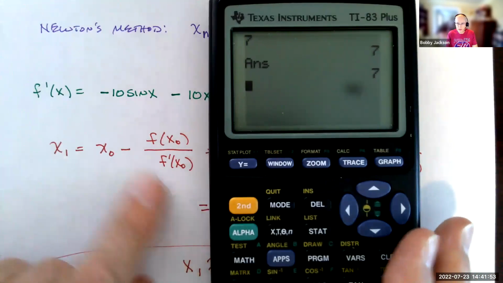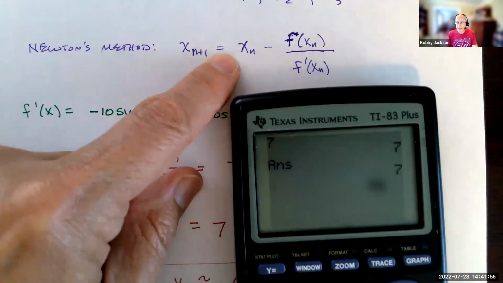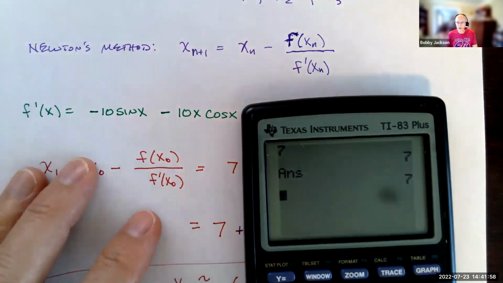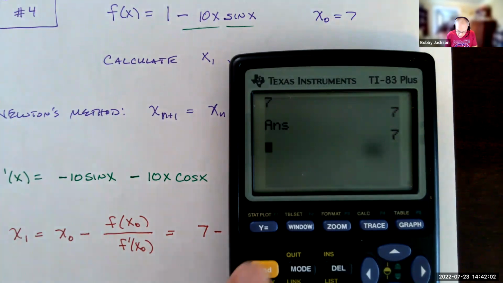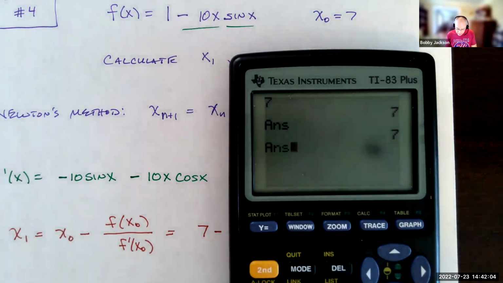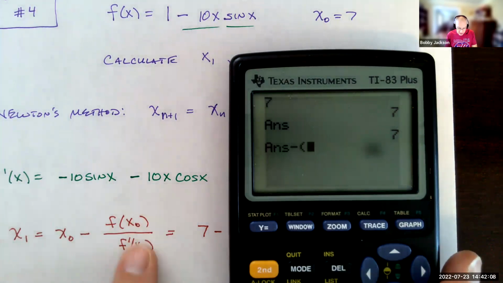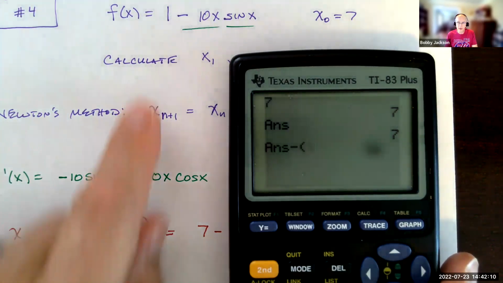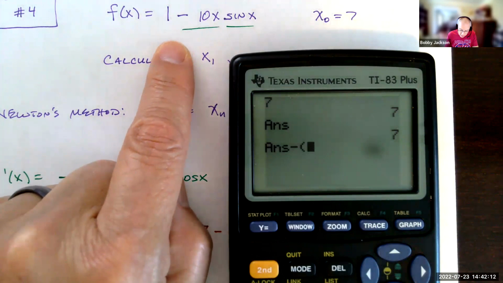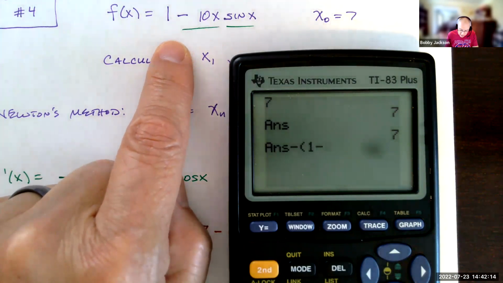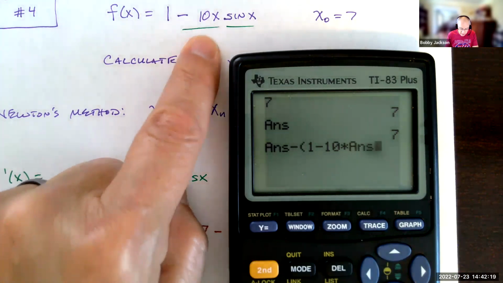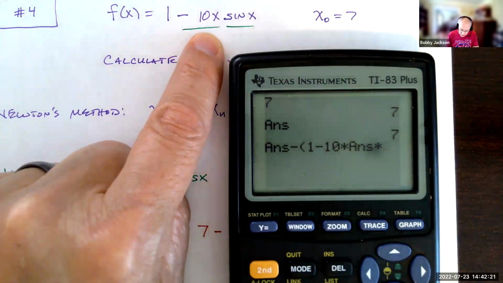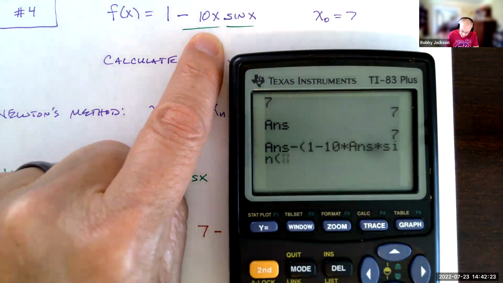So everywhere I see an x sub n, that's going to be answer. I'm going to use answer in the calculator. So I'm going to do answer minus, and then in parentheses, I've got the function evaluated at answer. Here's the function up here: 1 minus 10 times answer, for x, times sine of answer.